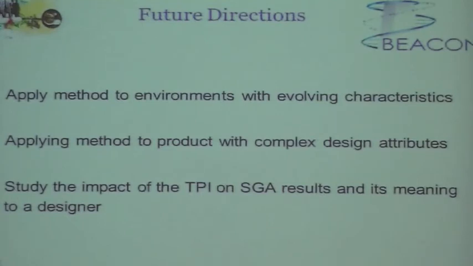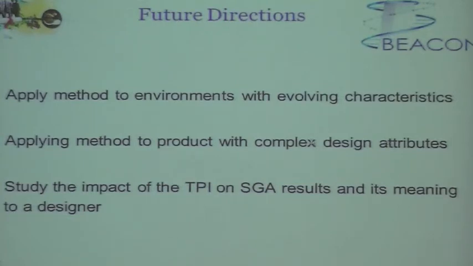So the future iteration here is to apply the method to an environment with evolving characteristics. The simulations were made on a static environment that was not changing at all. Also, applying the method to problems with complex design attributes with noise.